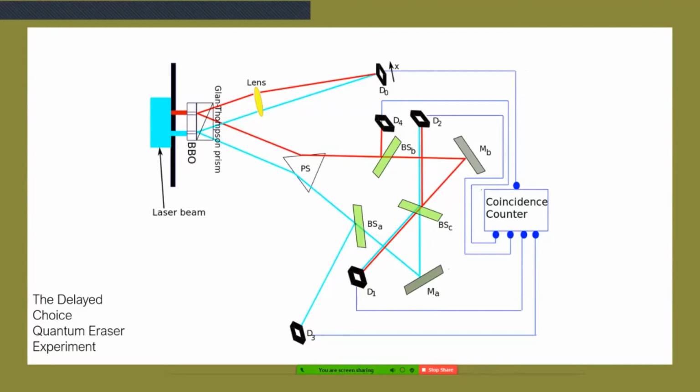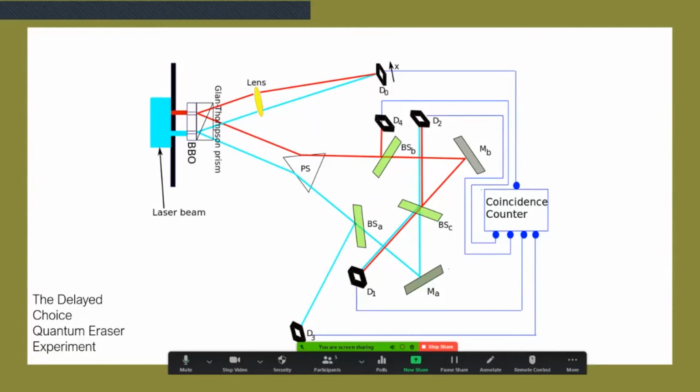This is the delayed part, because it takes longer to go through this apparatus than the other one. So we're delaying whether it's going to be an interference pattern or a clump, by chance. It just depends on whether it's deflected off the beam splitters, or goes through both, or goes through one and is deflected off the other. We don't know. But somehow its entangled twin already knew what was going to happen in the future.